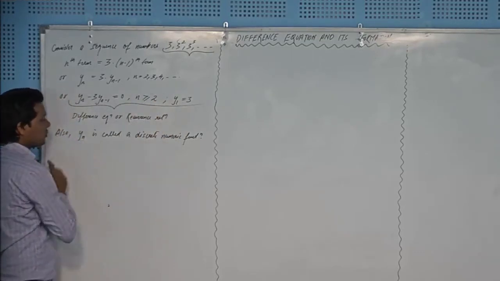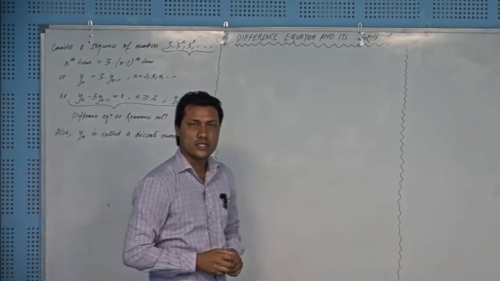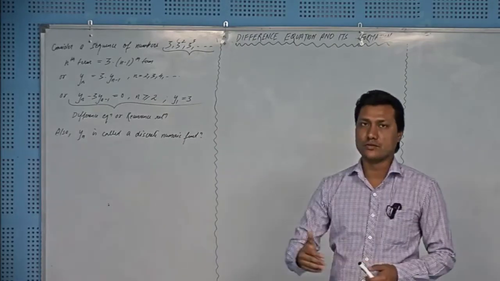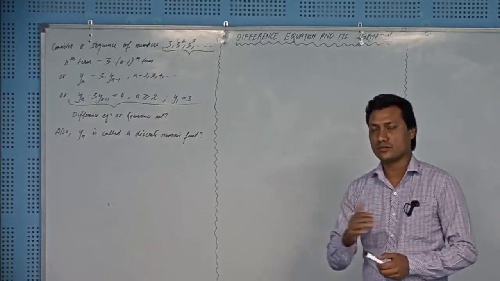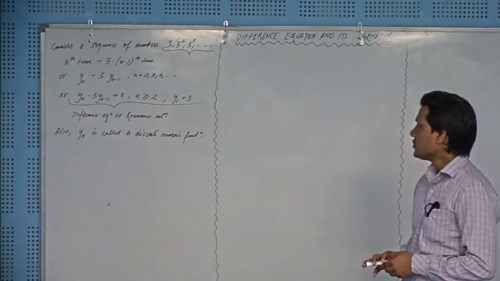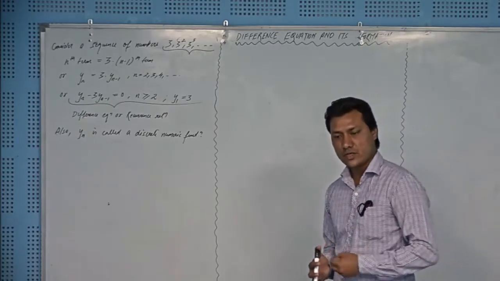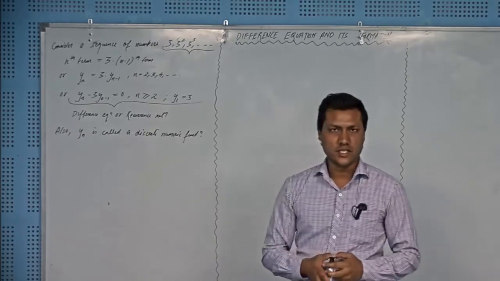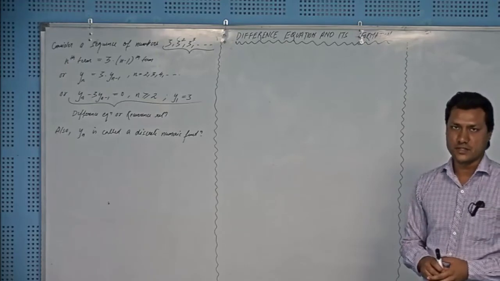It means that the domain of this function is the set of natural numbers, or you can say non-negative integers. Sometimes the domain starts with n equal to 0, 1, 2, 3, and so on. In this example, the domain starts with n equal to 1. So the definition of a discrete numeric function is that a function whose domain is a set of non-negative integers and range is real numbers, it can be anything, is called a discrete numeric function.